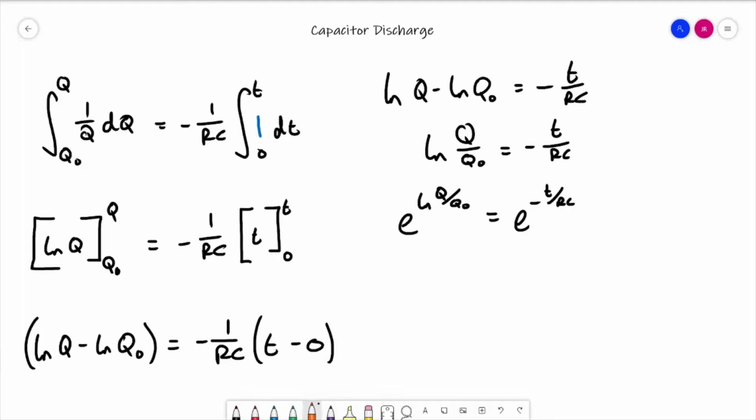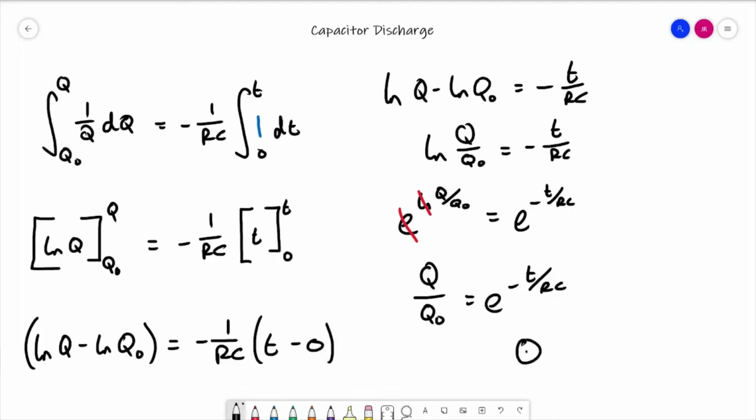Whenever we've got e to the log of something, they basically cancel each other out, again without getting into the technical math side of this. And what we end up with is Q over Q0 is equal to e to the minus t over RC, and then just finishing this off by multiplying both sides through by Q0.